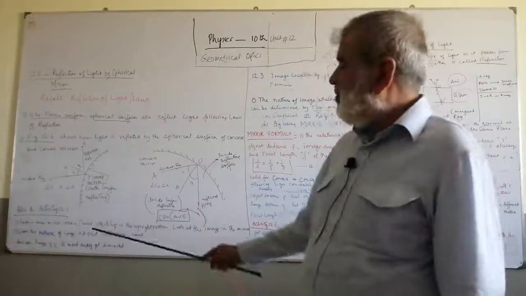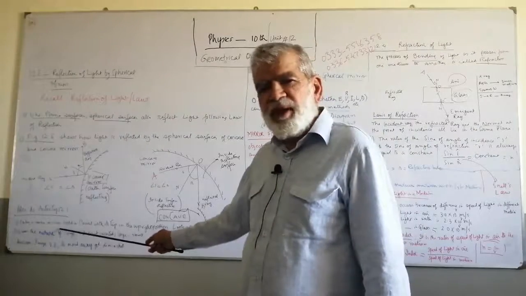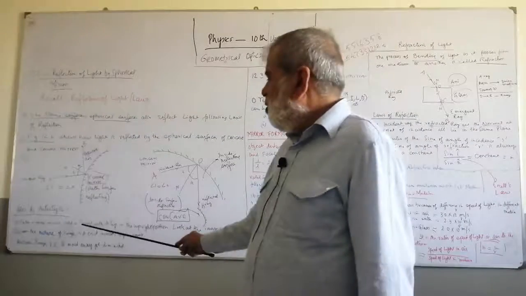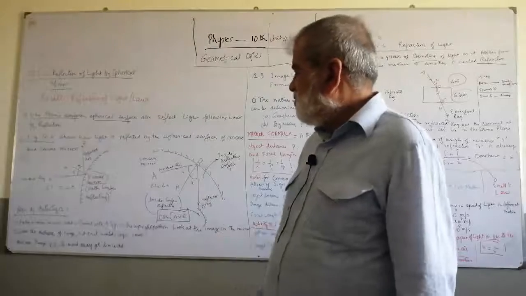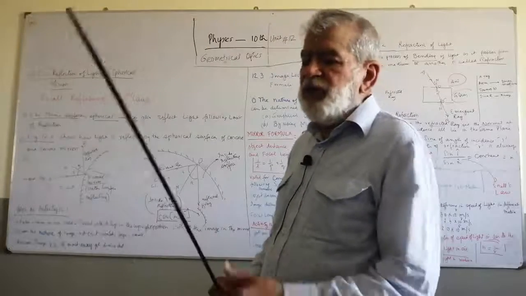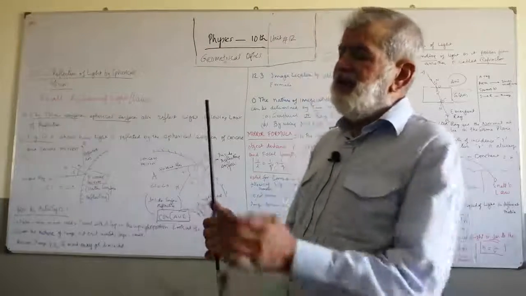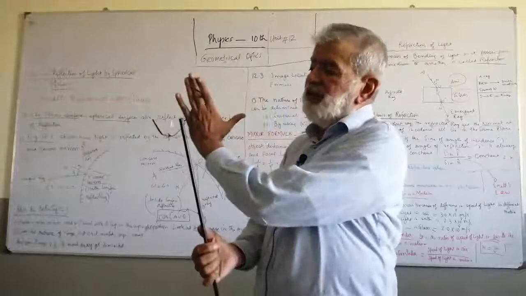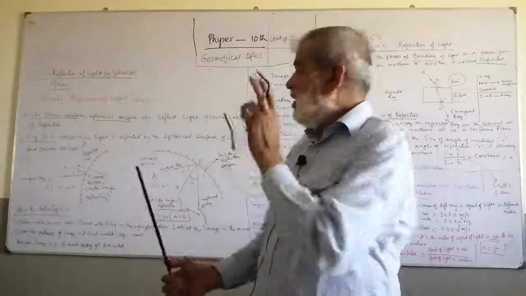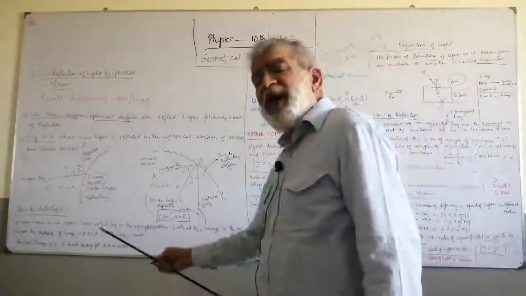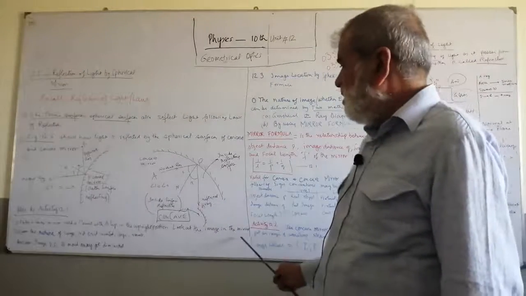It says to take a convex mirror and hold a pencil with its tip in the upright direction in front of the convex mirror, and look at the image that is formed in the mirror.